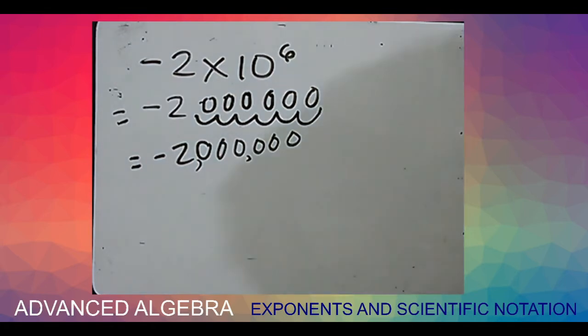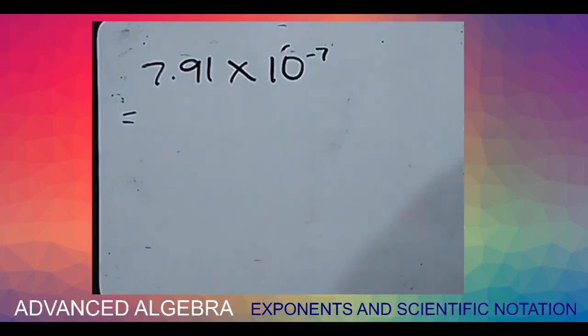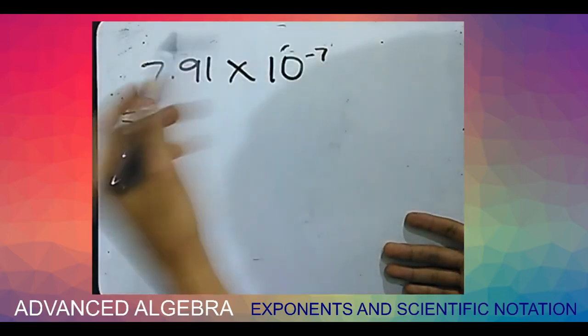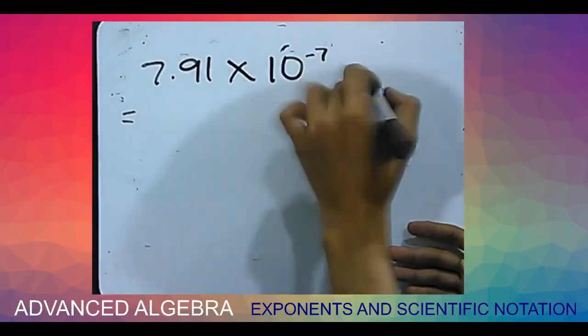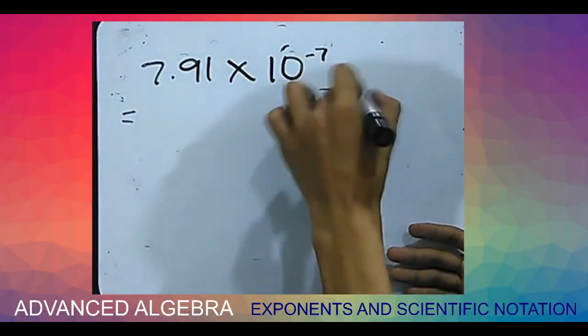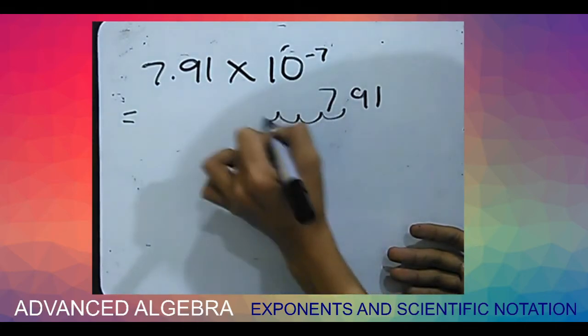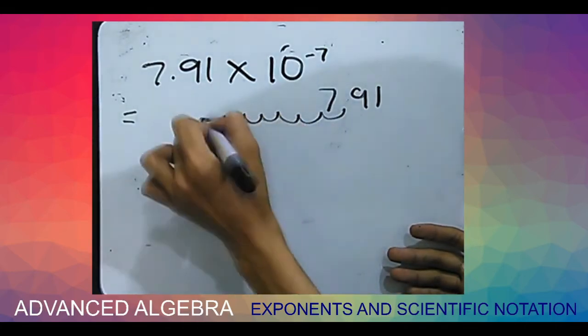Madali lang, di ba, pagko-convert. Next, 7.91 times 10 to the negative 7 power. Same process pa rin. Dahil negative yung exponent natin, papunta kaliwa. Lagyan natin dito ng 791, point. 1, 2, 3, 4, 5, 6, 7.